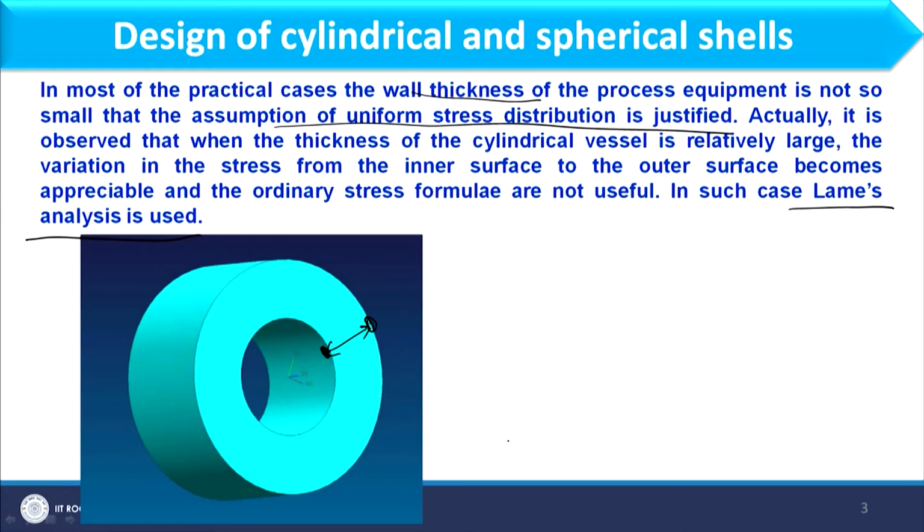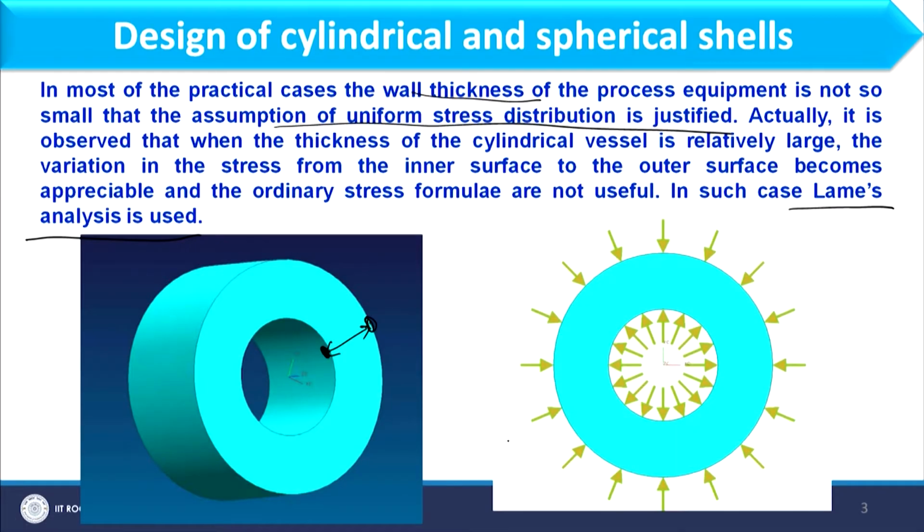And the cross sectional image of this cylinder is shown in this figure, where inside we have the pressure which we call internal pressure. So in this case internal pressure as well as external pressure both are working simultaneously.